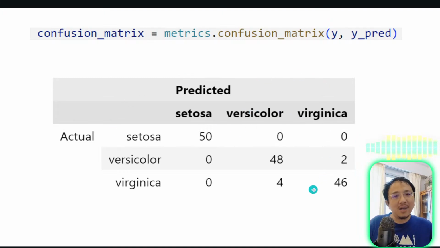And on the other hand, for a given image where we get a prediction of versicolor, we get 52 results, and 48 of them are correct, 4 of them are incorrect. And similar happens to the Virginica predictions. So that's how we read the confusion matrix.